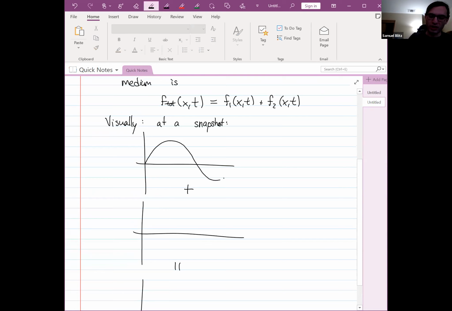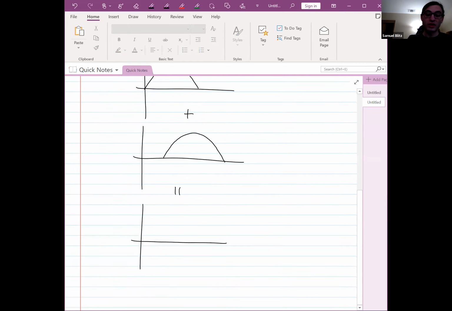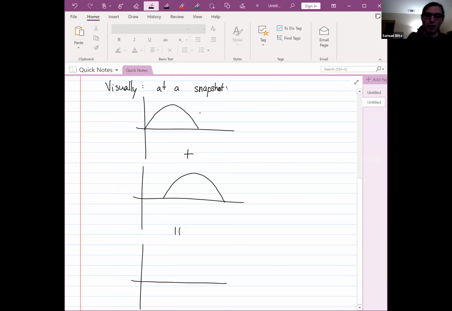So maybe this one's like this, and this one's like this. There we go. Then the sum of these two waves, and maybe they're traveling to the right or something like that, is literally just the sum.